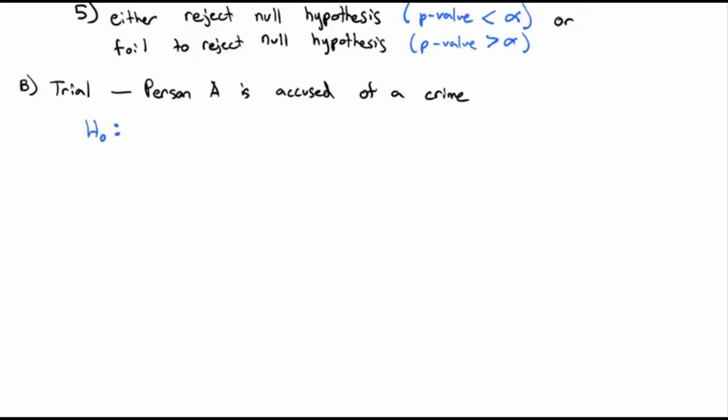The null hypothesis that everyone assumes is true until proven otherwise is that person A is innocent. The alternative hypothesis, what we try to prove or find enough evidence for, is that the person is guilty.